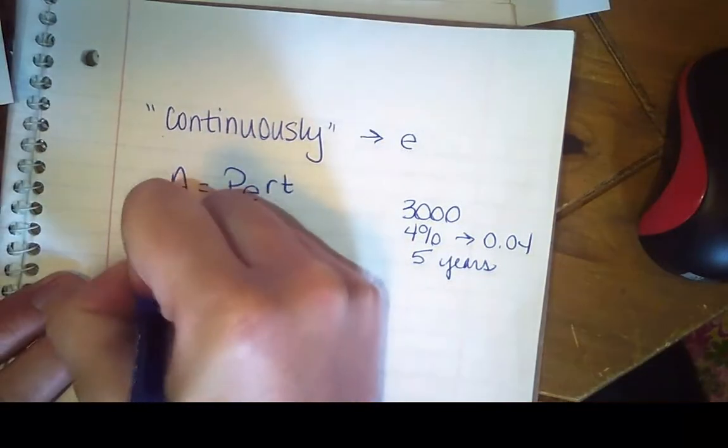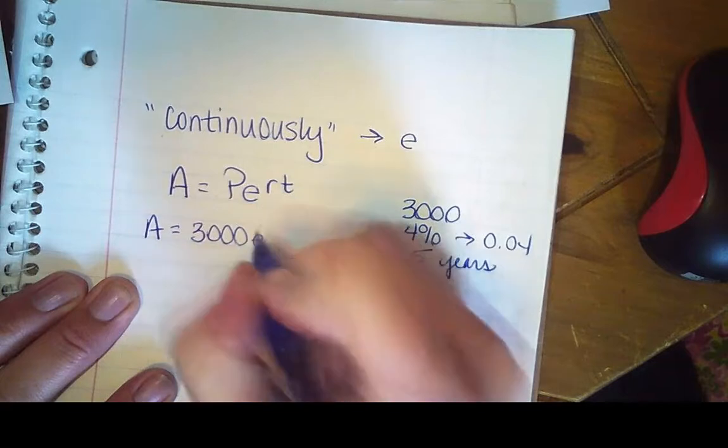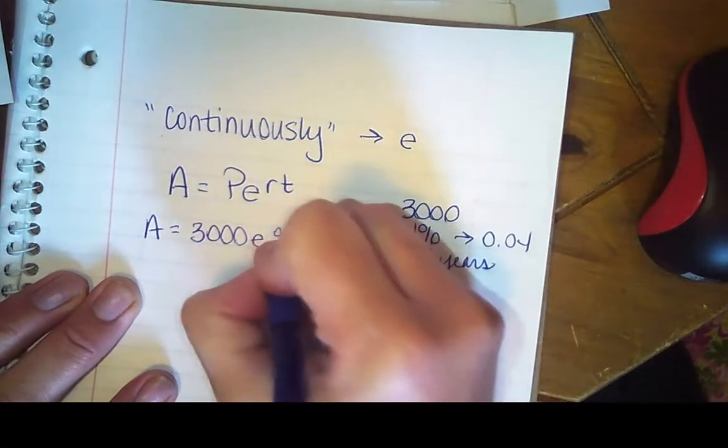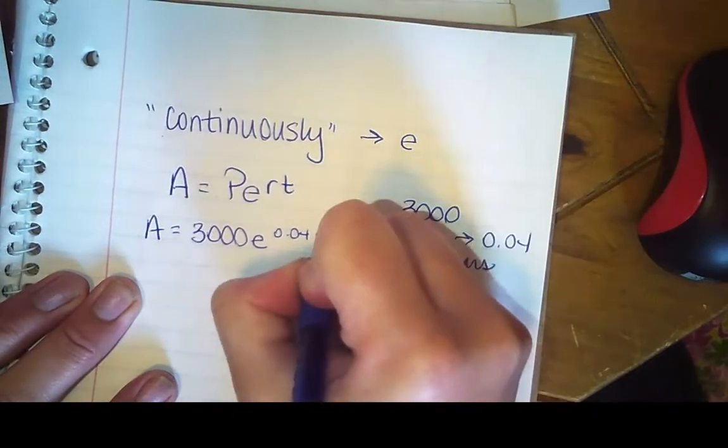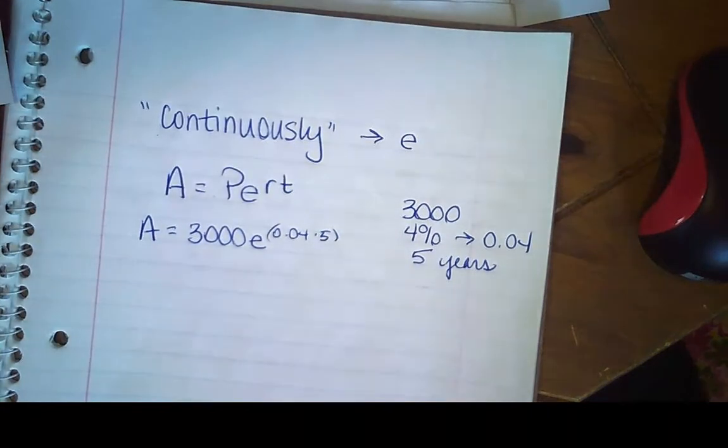So how much do I get in my account? 3,000 times e raised to the 0.04 times 5. So remember to put that exponent in parentheses.